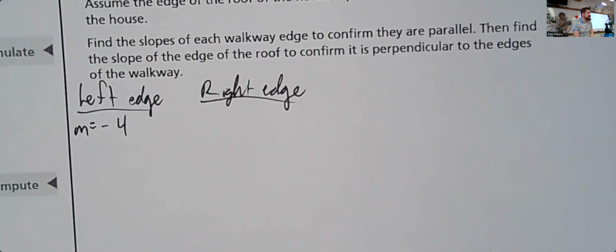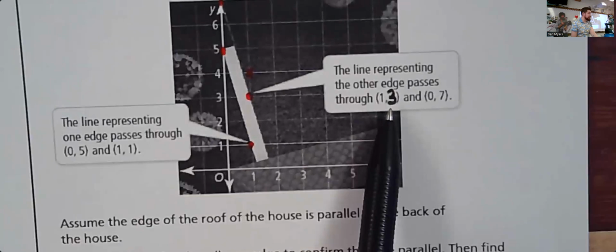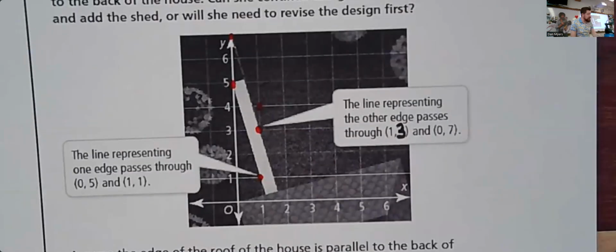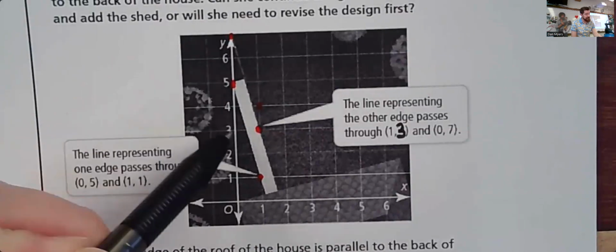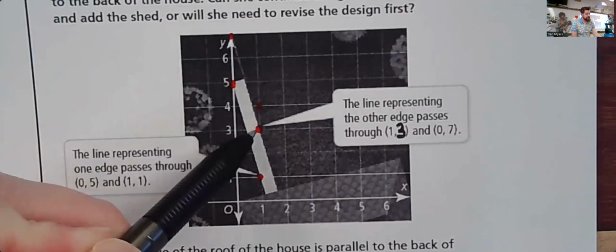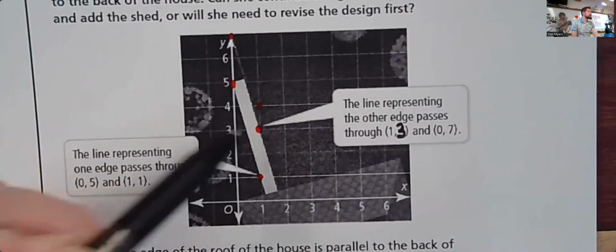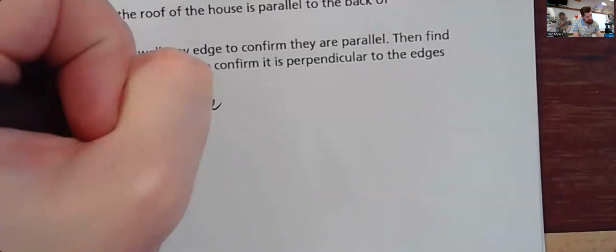Now the right edge of the walkway should be the same slope because one side of a walkway should be parallel to the other side of the walkway. So again, we're using (1, 3) and not (1, 4). I don't know why I said (1, 4). That should have been a 3. So if we go from (0, 7) down to (1, 3), how far down, how far over? Down 4 over 1, yeah. So again, the right edge has a slope of -4.